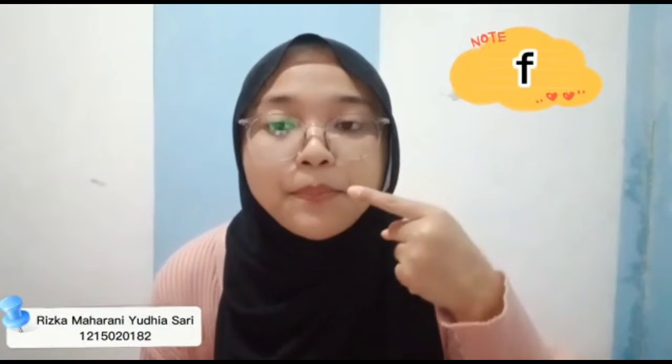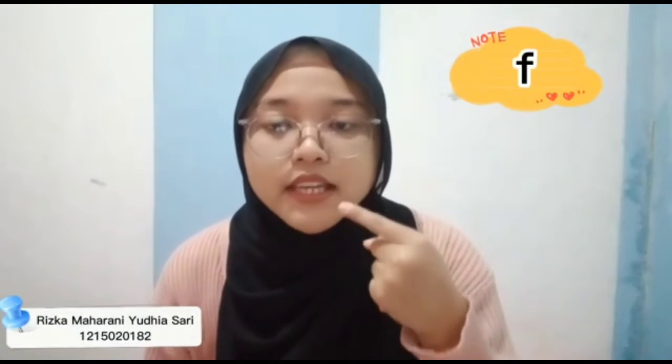Okay. Pronunciation F. The pronunciation F is called an unvoiced sound, which means don't use your vocal cords. To make the F, place the upper teeth on your lip like this.